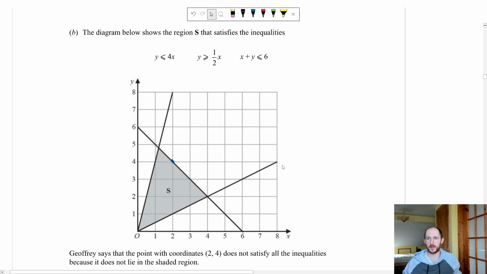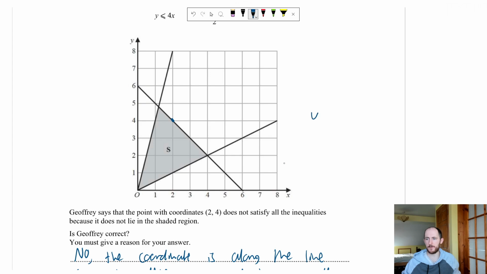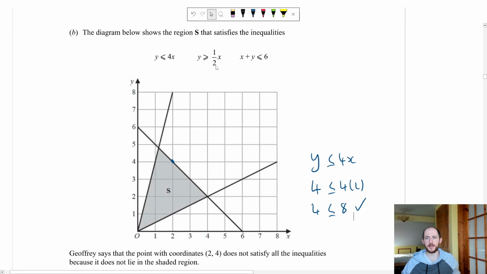So for example, in the first one, we have y is less than or equal to 4x. If I sub in y is 4, x is 4 times 2, well, that gives me 4 is less than or equal to 8, which is correct. And then do the same thing with all of these. That's what they expect you to do because that will show that all of the inequalities are indeed satisfied.